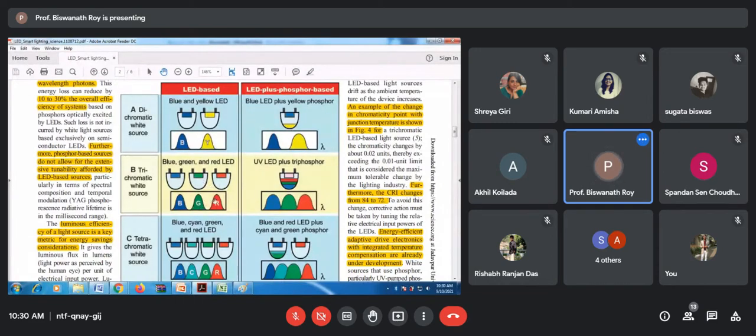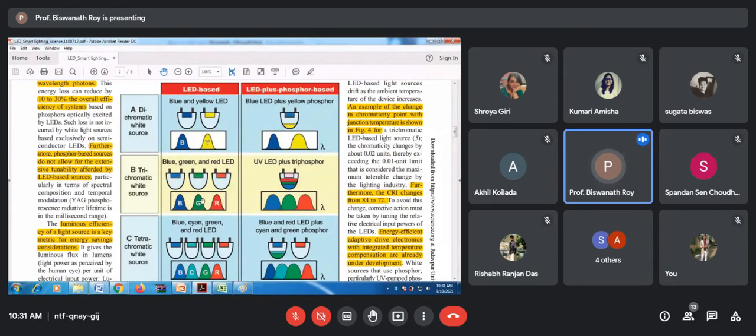Right. What did you understand here? Extensive tunability afforded by LED. Tunability means tunability in terms of spectral composition. All the dynamic light source, a concept that has now come up, dynamic light source. So we can tune. If we consider a fluorescent lamp, a CFL lamp, a metal halide or high pressure sodium vapor lamp, once you purchase the lamp, it is not possible to tune the spectral composition.